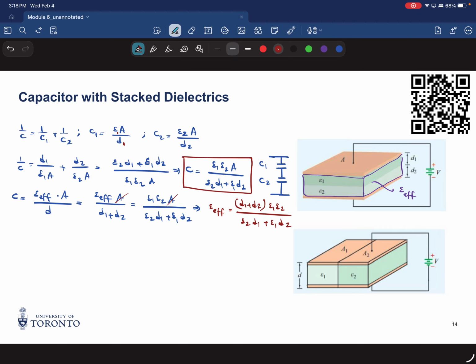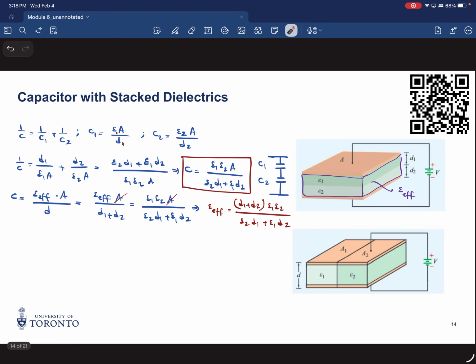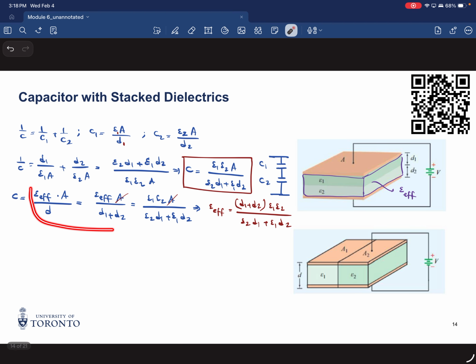Go ahead. When we write C in terms of the effective permittivity, why do the epsilon 2 and epsilon 1 in the denominator go away? Okay, let's assume that this was a parallel plate capacitor with a dielectric that had an effective permittivity. Let's call it epsilon effective. It can be any name, right?